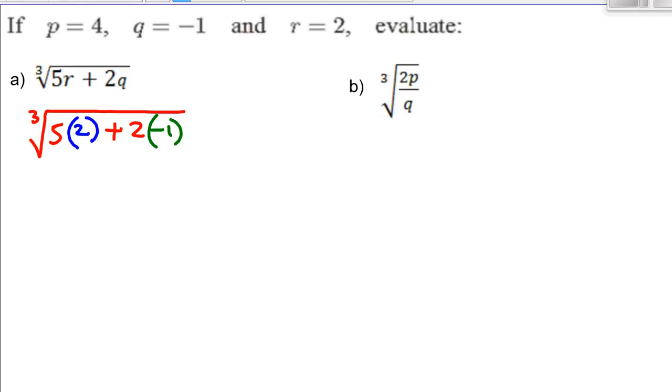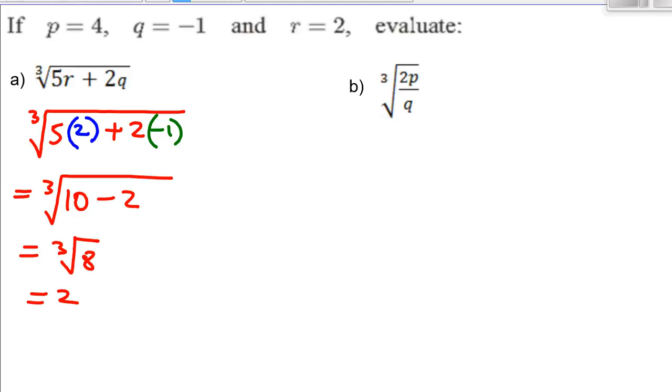So I'll end up with a cube root of 10 minus 2, which will be the cube root of 8, and we know that cube root of 8 is 2.